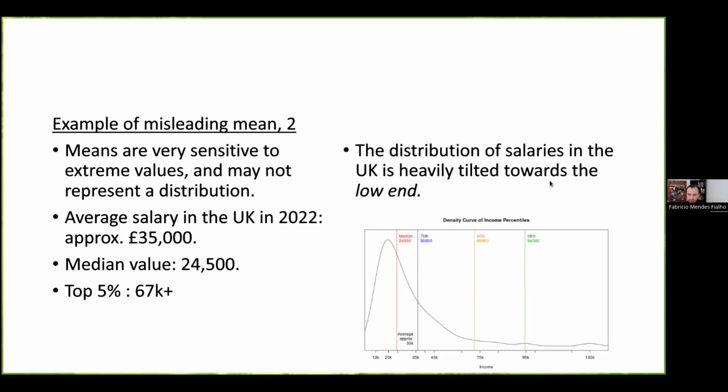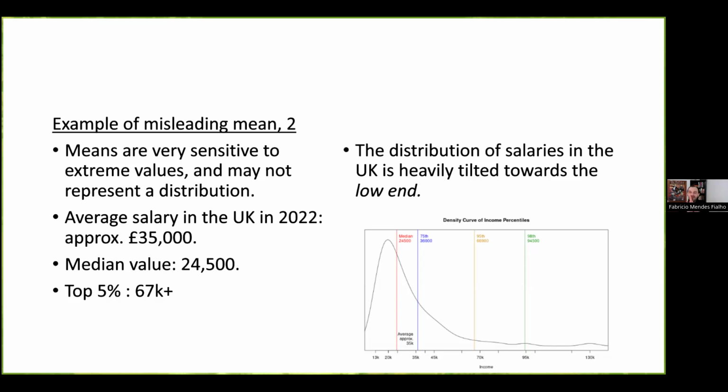In this graph, there are other concepts called percentiles, which I'm not going to go into detail about here, but they work similarly to the median, and they tell you how many individuals are below a certain value and how many are above a certain value. When we look at the 75th percentile of the income distribution in the UK, this means that 75% of workers in the UK make less than that amount of money, and only 25% make more than that number, right?